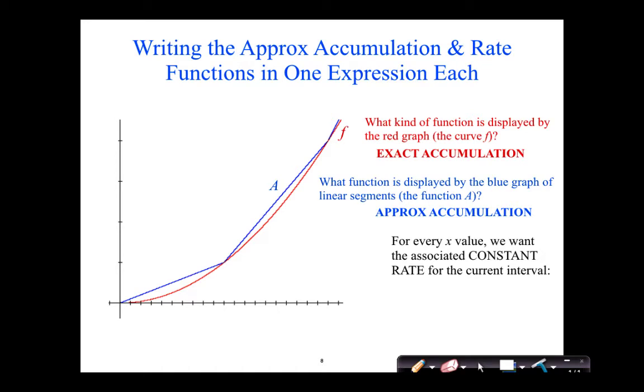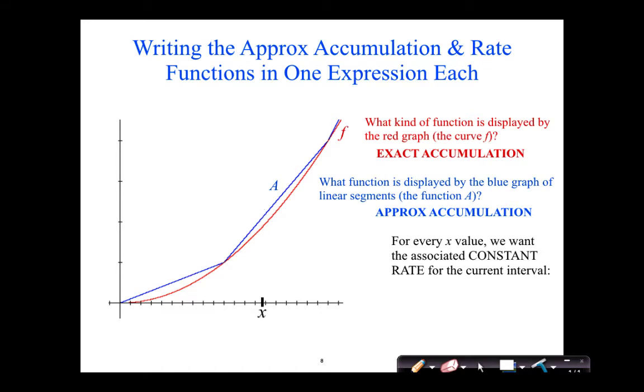But suppose that I want to just express a general. So I don't have like f of x equals x squared. This is just generic f of x and a generic piecewise linear approximate accumulation that matches up with it. So for every x value, I want the associated constant rate.